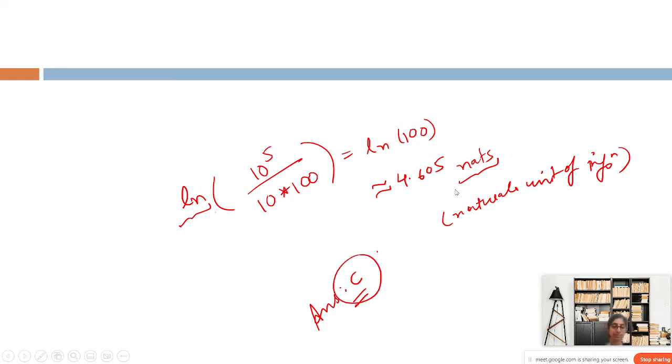Ma'am, I have a doubt. Yes. Ma'am, the material gives log instead of using ln. Sorry? Ma'am, the formula gives us log of count of W1, W2 into N divided by count of W1 into count of W2.